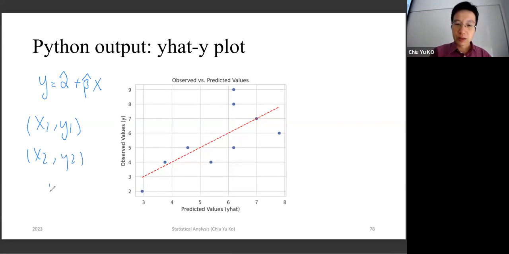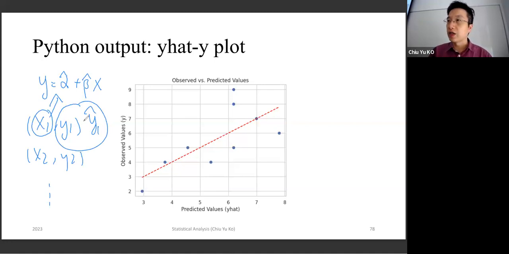For each x, you can plug it into the model and get a y hat, so you can plot a scatter plot based on this. Of course, X is a vector, a list of numbers. Here you have the estimated one, and you flip these two.